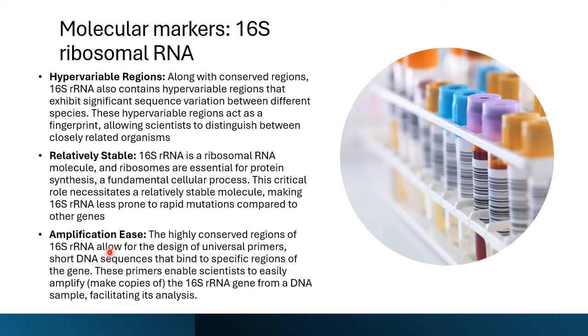Then its amplification is also easy. It is easy to amplify this region using molecular methods. So the 16S ribosomal RNA in every microorganism is a stable and hypervariable region with ease of amplification.